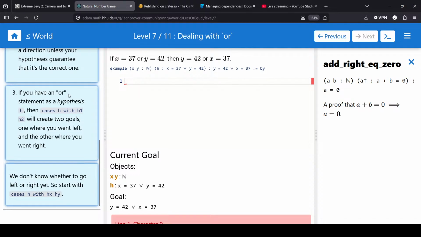You can have an OR statement as a hypothesis H. Then cases H with H1, H2 will create 2 goals, where one where you went left and the other where you went right. We don't know whether to go left or right yet, so we'll start with cases H with HX, HY. Okie dokie.